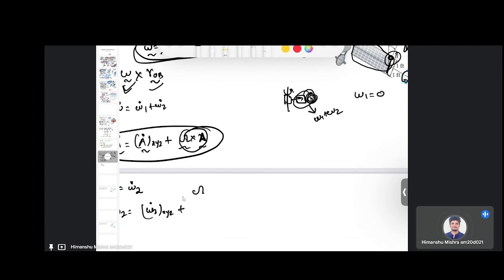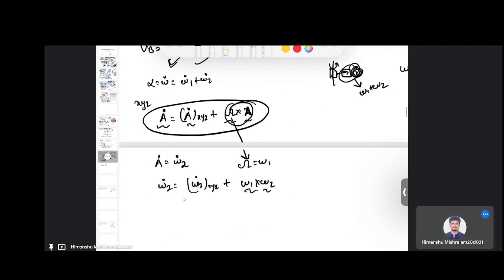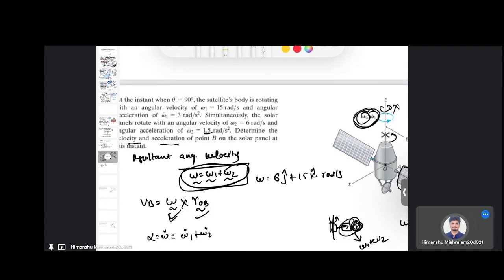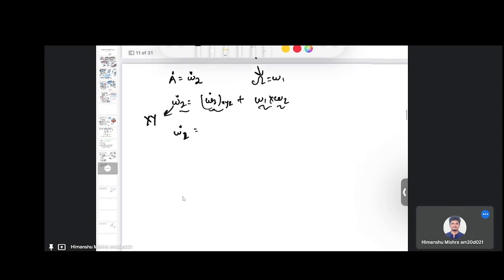So my capital omega here is omega 1, so omega 1 cross omega 2. All this is in vector quantity. So this is omega dot 2 in the fixed frame, and my omega dot 2, which is given in the question, is 1.5 rad per second square.